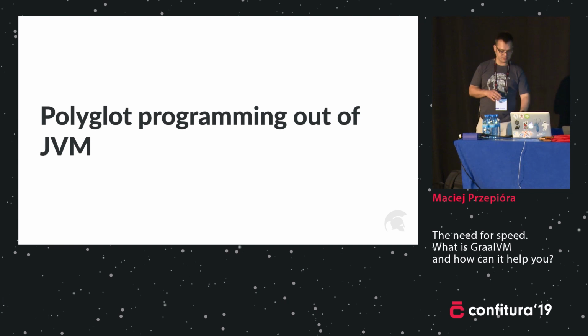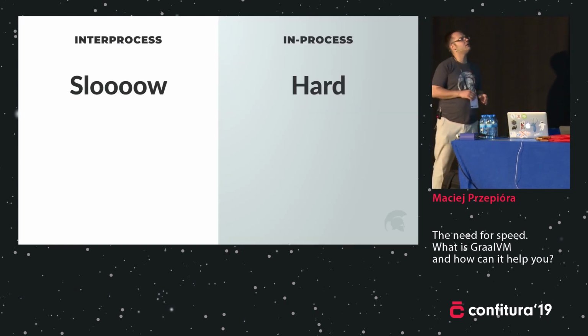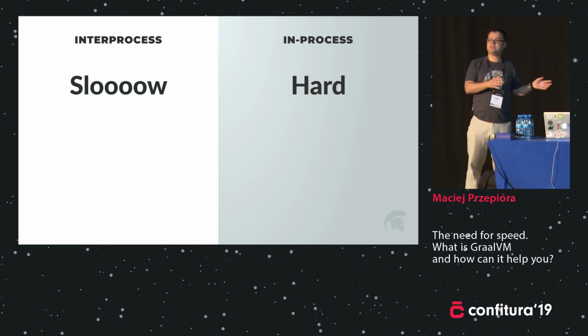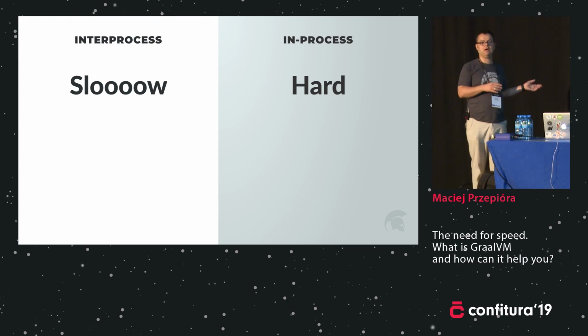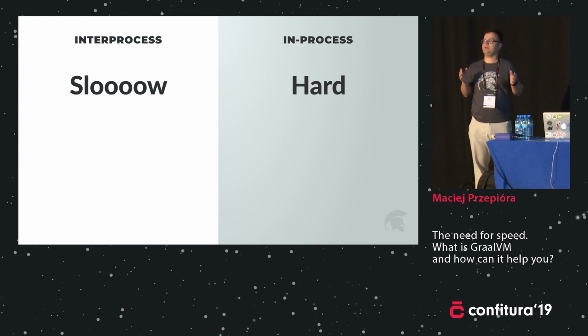Why is it so? Because you've got two options. One option is that you can do inter-process polyglot programming. So you've got different processes talking to each other through a Unix socket or through TCP/IP, and then you've got the problem that this is going to be really slow.